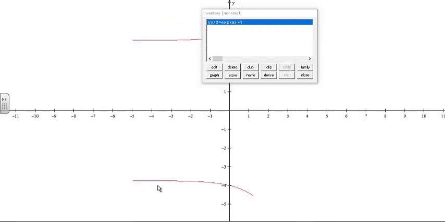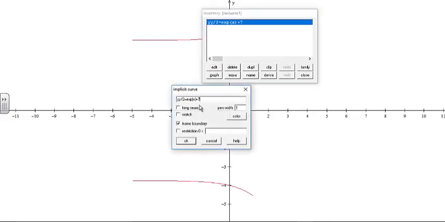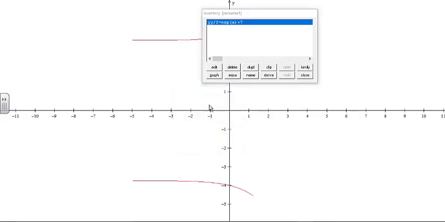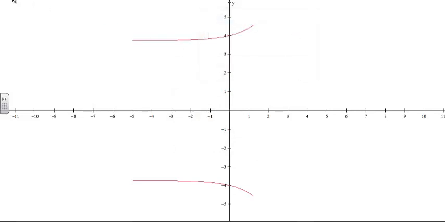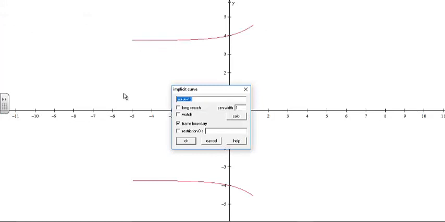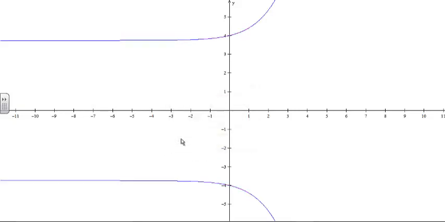So there it is. That's not the entire solution. That's just the part that I got initially. Let me try it again. Equation, implicit. Okay, so that's the solution.